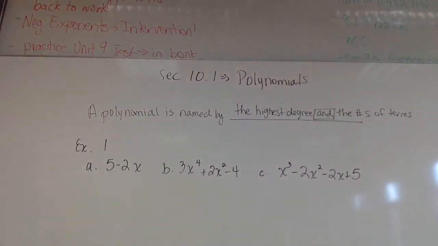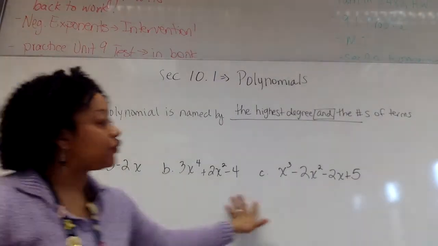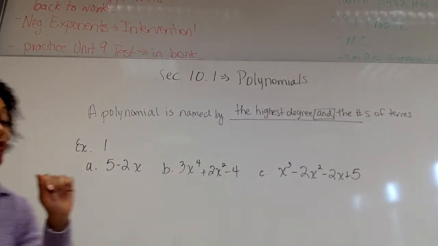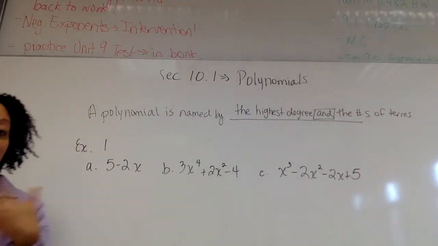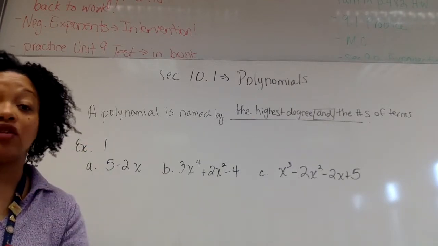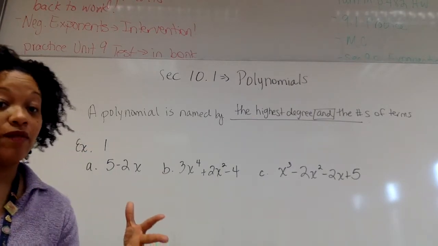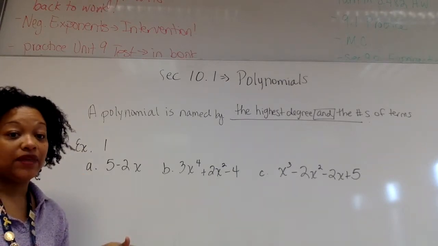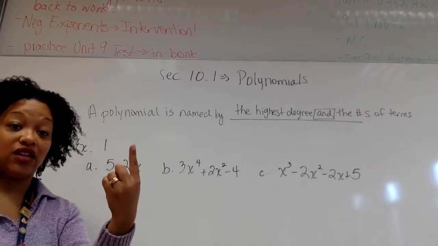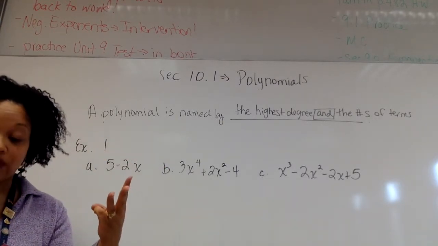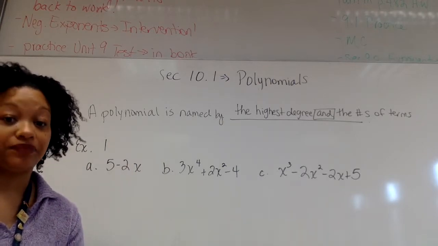So here's example 1. I'm giving you 3 sets of polynomials where you have to be able to count the number of terms and tell me, is it a monomial, a binomial, trinomial, or just a polynomial? And then you've got to identify the highest degree, and that will let me know, is it linear, quadratic, cubic, or what was the last, maybe even a constant.